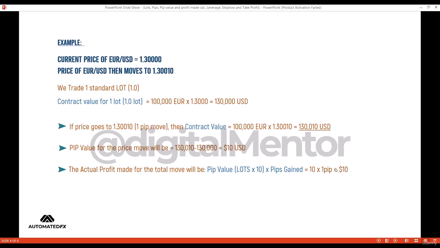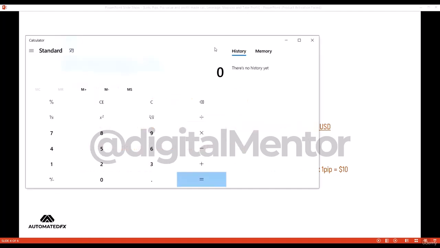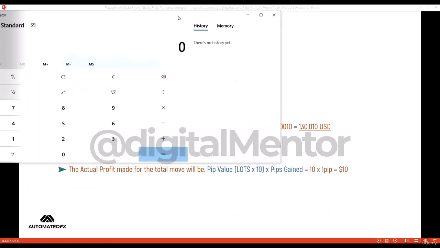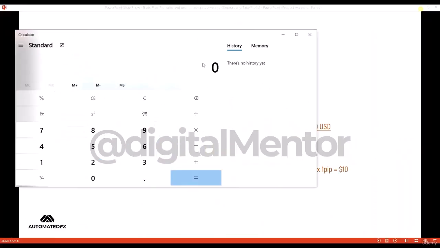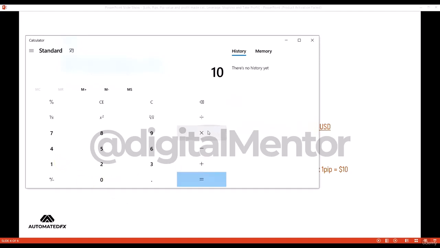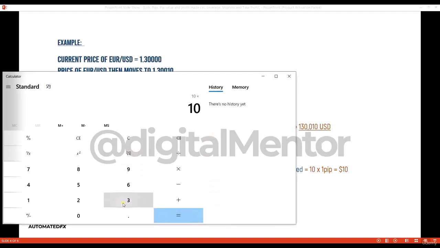Now what if we made more than one pip? What if we made, let's say, 35 pips? The value for the movement of 35 pips will be equal to 10 multiplied by 35, so we'll have made $350.